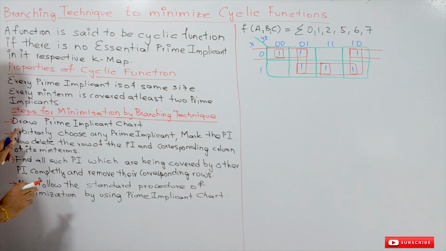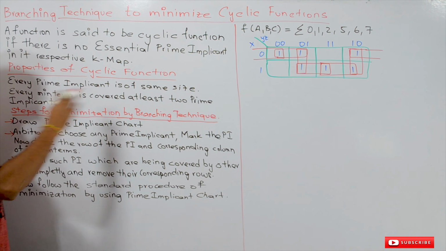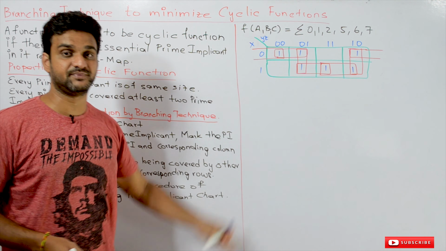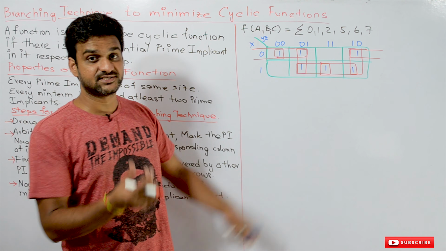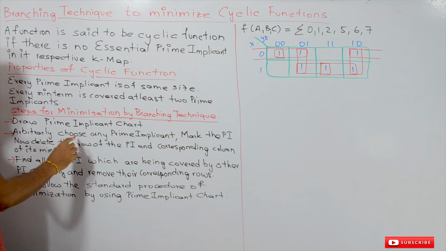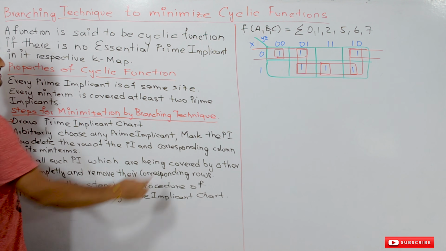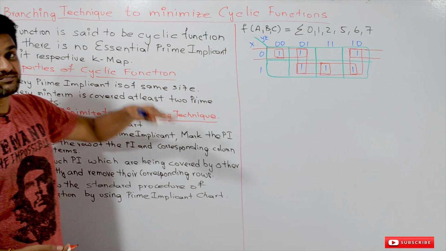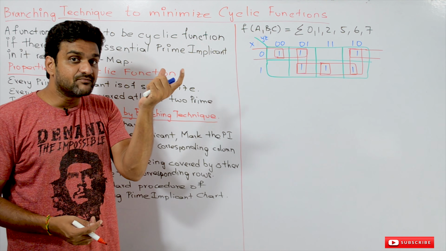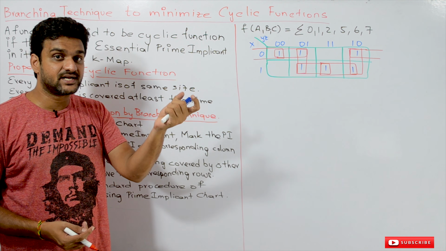The steps are: draw the prime implicant chart as it is, so the rows should be filled with minterms and the columns should be filled with prime implicants, the minimized terms of the prime implicants. Arbitrarily choose any prime implicant. Among those prime implicants, we have to choose one arbitrarily.